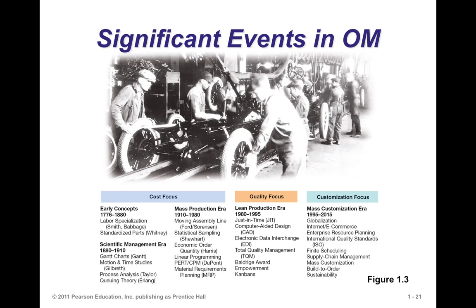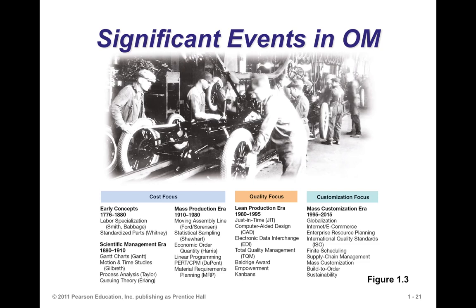And then we moved into the big quality era in the 80s and the 90s, where we were talking about lean production, just-in-time systems, computer-aided design and manufacturing, electronic data interchange, total quality management, and so forth.